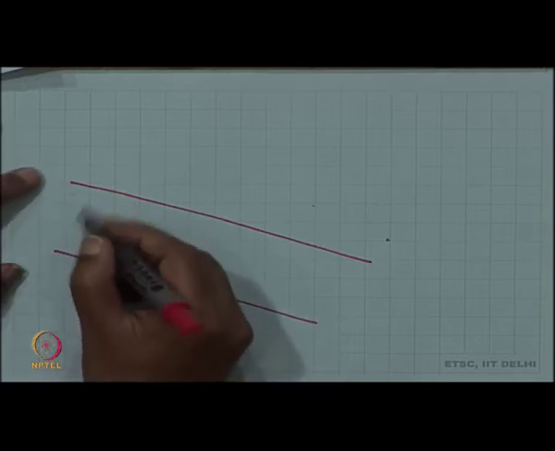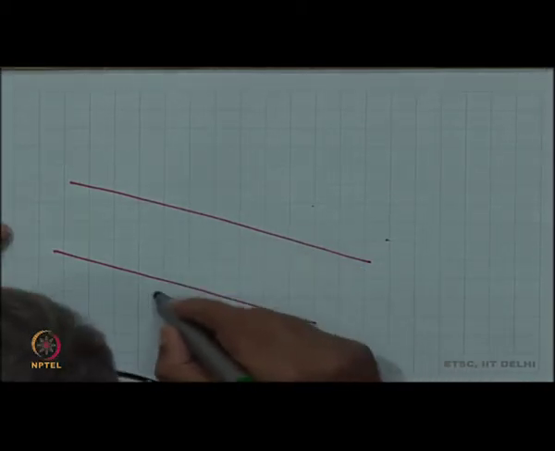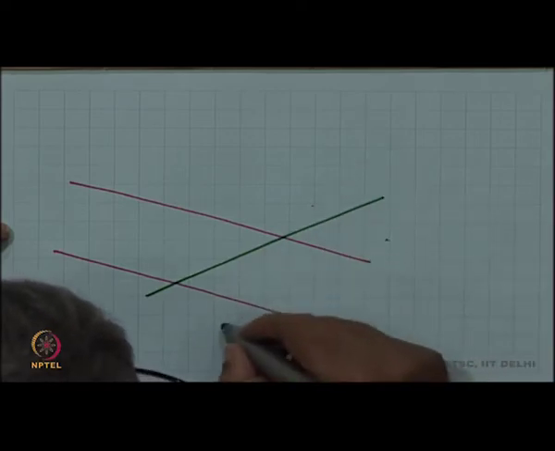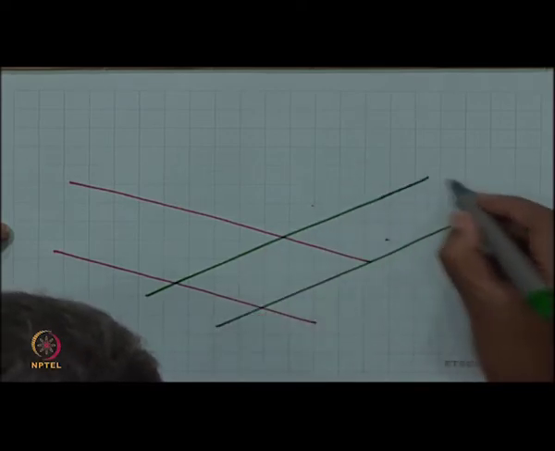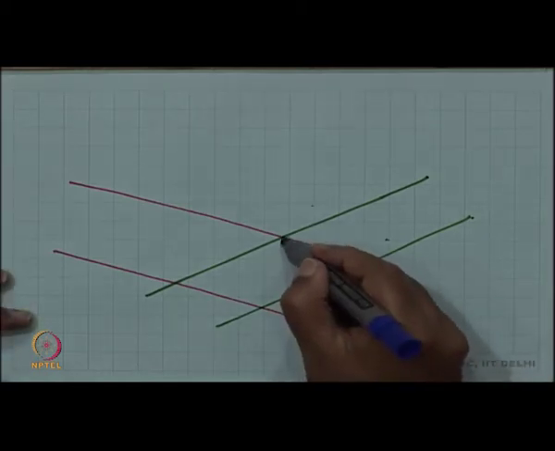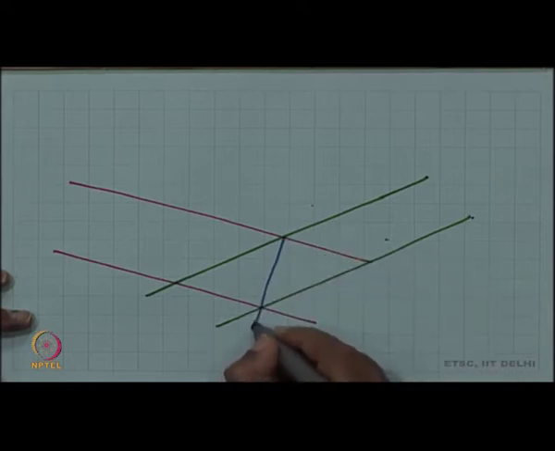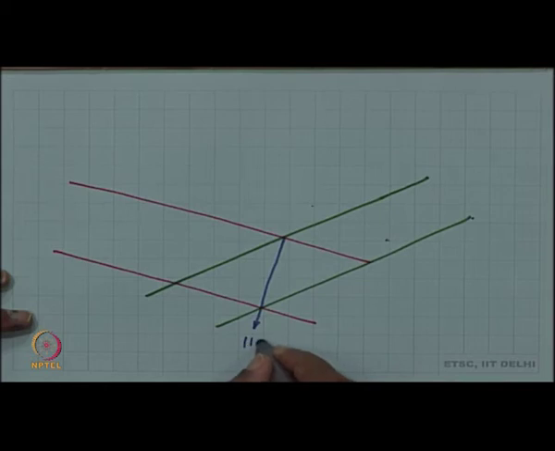Let me say that this is my red plane, and this is my green plane, and they are intersecting as we saw on this blue line. 1 1 0 is the line of intersection.